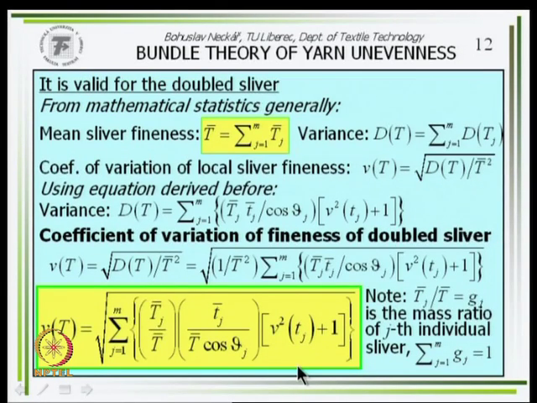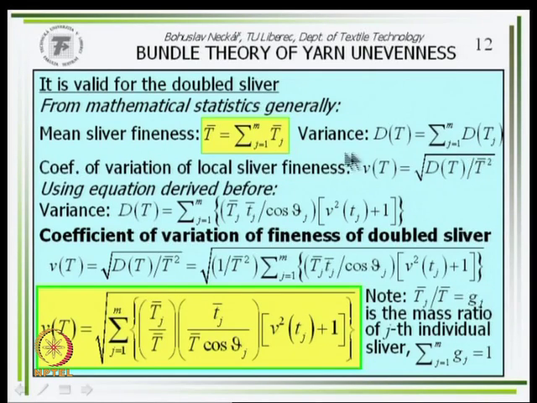And you know that it's valid for the doublet sliver that the resulting mean value T bar is the sum of partial mean values Tj bar, and the variance is the sum of variances.